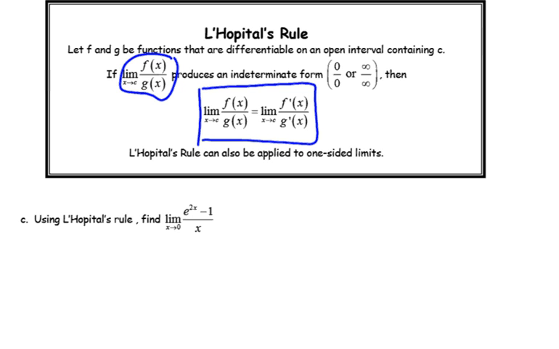Now, do not confuse this with the quotient rule. We're not taking a derivative here. We're finding a limit. L'Hopital just discovered that if you get an indeterminate form, if you take the derivative of the top, divide by the derivative of the bottom, and then take the limit of that, then you will find the limit. All right, so let's see how this plays out.